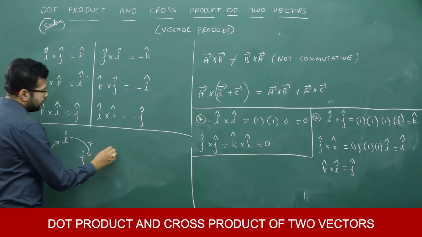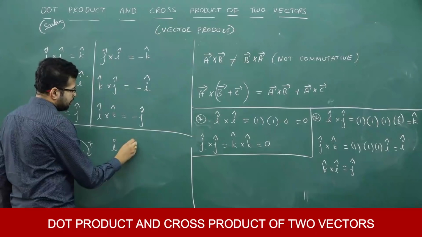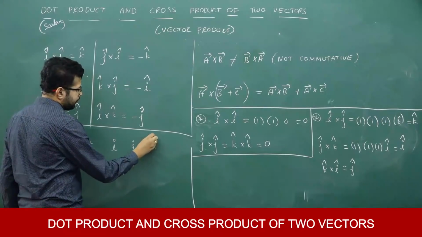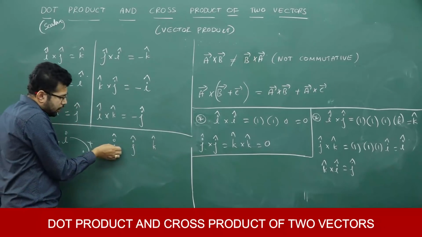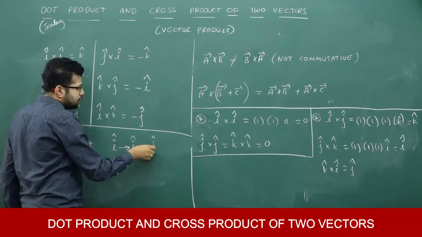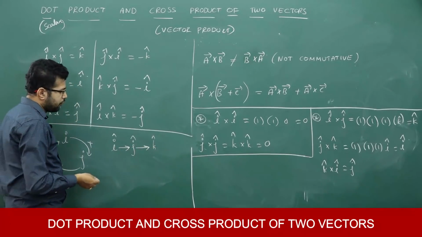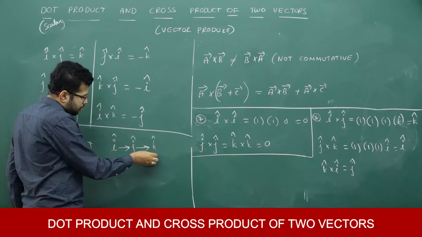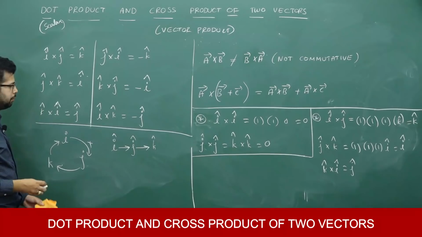Or you can remember it like this: i cap, j cap, k cap. If you go forward, i cross j is k, j cross k is i. If you go in reverse order, k cross j is minus i. Like that you can remember.